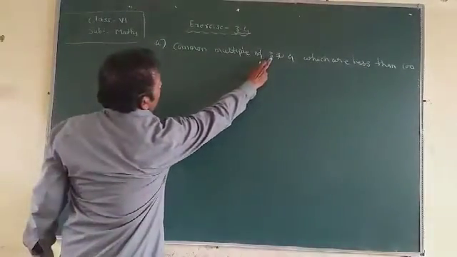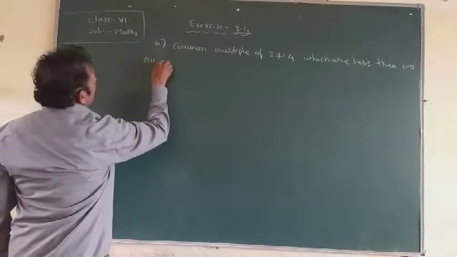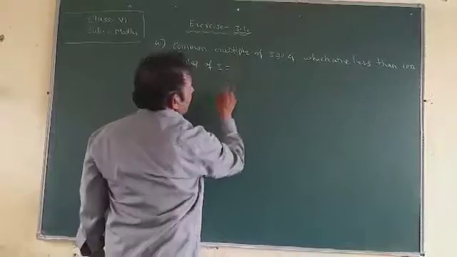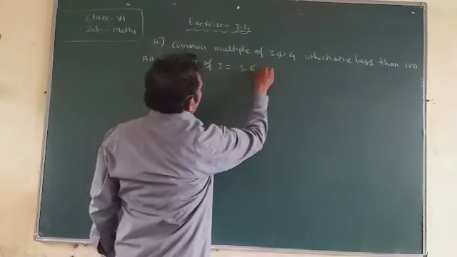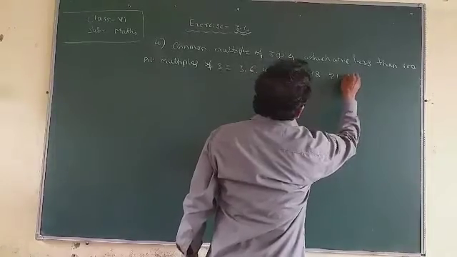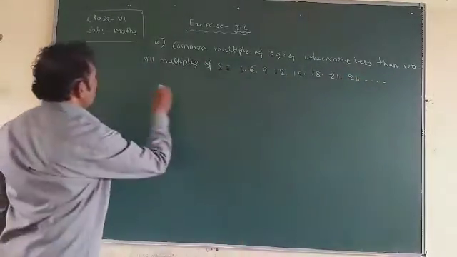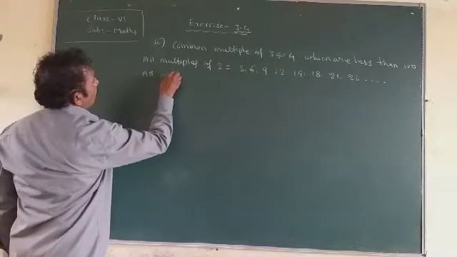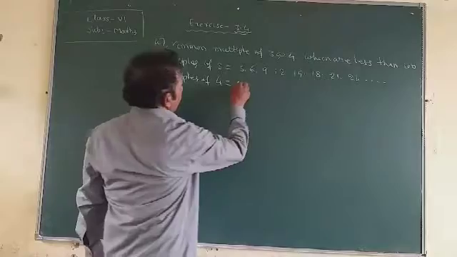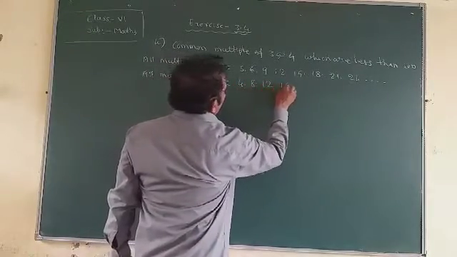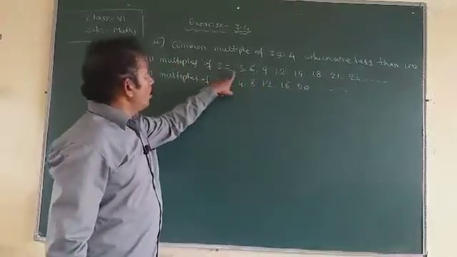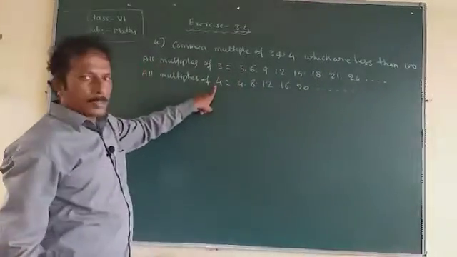First write all the multiples of 3. Multiples of 3 is equal to, write the third table: 3, 6, 9, 12, 15, 18, 21, 24, like this, etc. Similarly, write all multiples of 4, that is equal to, write the fourth table: 4, 8, 12, 16, 20, etc. So, this is the list of all the multiples of 3 and this is the list of all multiples of 4.